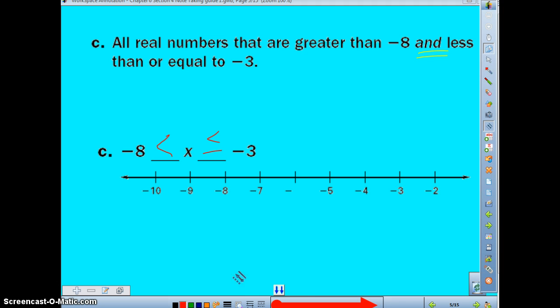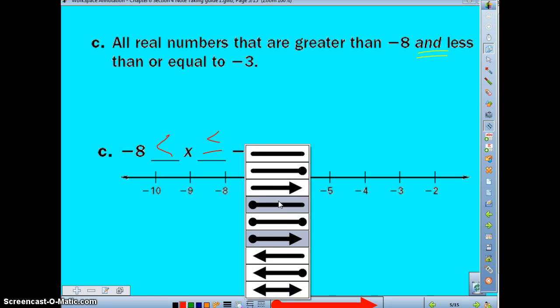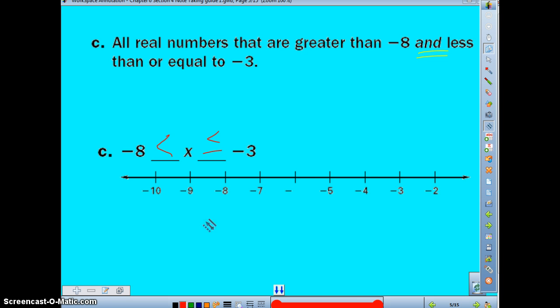So there we go. We're thinking about what we probably need, and it's probably this right here since it's an and statement. We're going to go from -8 to -3 right there. This one is the or equal to, so I'm going to leave that filled in. This one is not. That's an open circle right there.